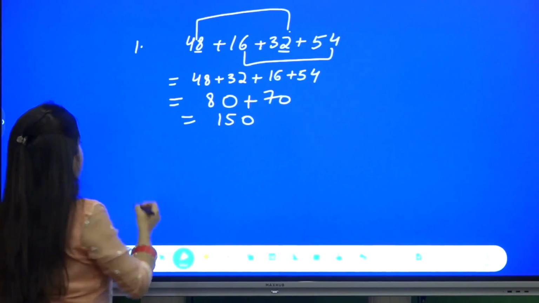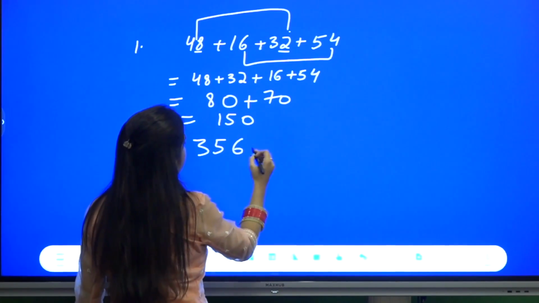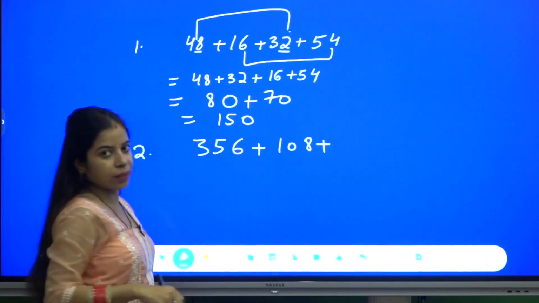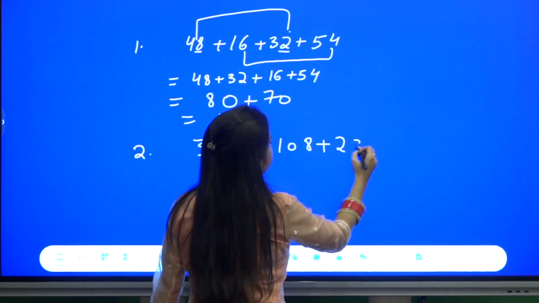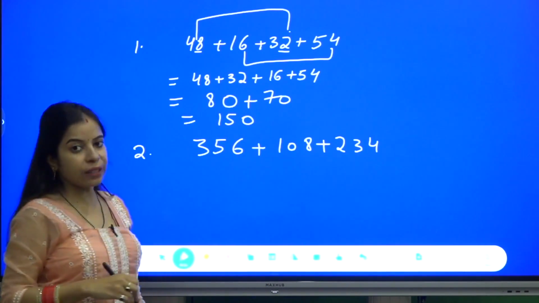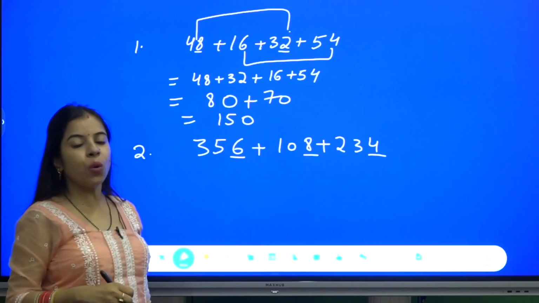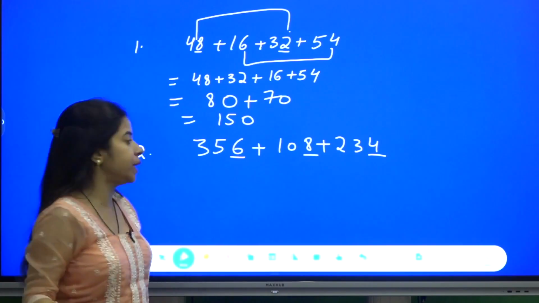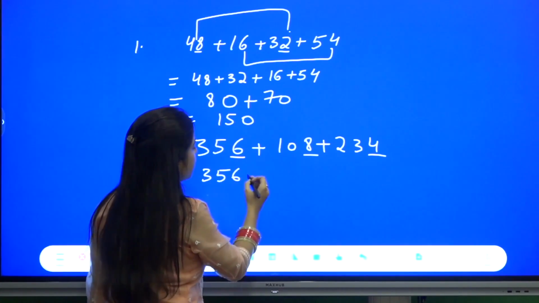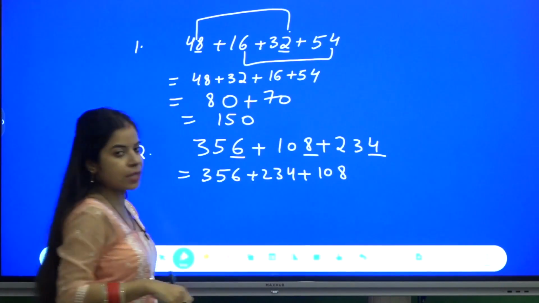Let us take another example. Say 356 plus 108 plus 234. Here we can see that the numbers at the unit place are 6, 8 and 4. And we know that 6 plus 4 add up to 10. So, we are going to perform addition of 356 plus 234 first.